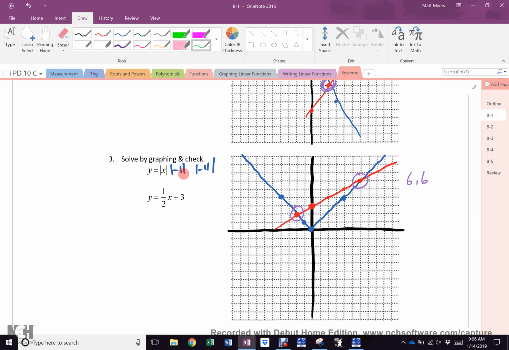If 2 graphed lines cross, any shape of line, that's the solution to the system. Okay? Yes? All right. Now, I firmly believe that based on the fact we've just done a whole unit on graphing, and based on the fact that you're the best and brightest, you probably don't need too much practice on this, do you?